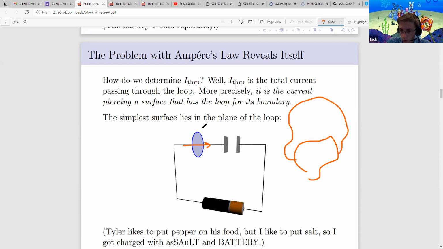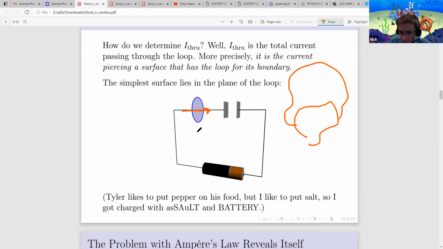So more precisely, it's not just how much current is going through the Amperian loop, it's how much current is piercing a surface that has that loop for a boundary. It's a subtle distinction, but it's important. So we could just say that the surface that we're considering is just the plane, or the circle that defines the loop. And then the current enclosed is not too tricky, it's just the I through.